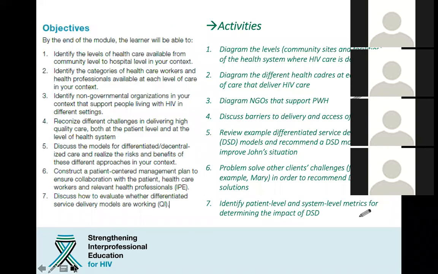And so we use these two vignettes to help the learners acquire a better understanding of the different levels of healthcare that are available, the importance of community level care, as well as, importantly, the crucial role that different healthcare providers play at different levels of the healthcare system.